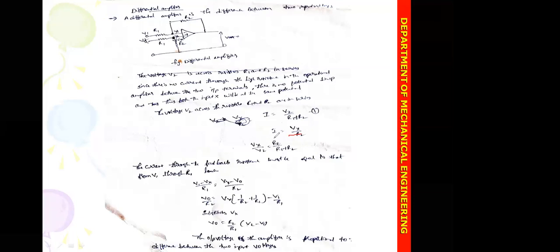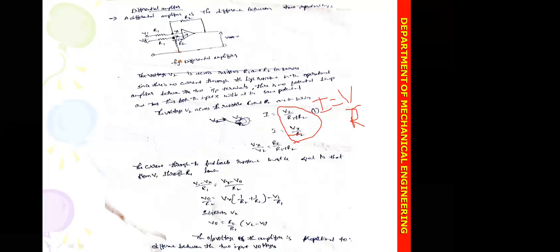So the current through resistor R2 is Vx by R2, since I is equal to V by R. Because the current passing through R1 and R2 is the same, we have to equate these two.